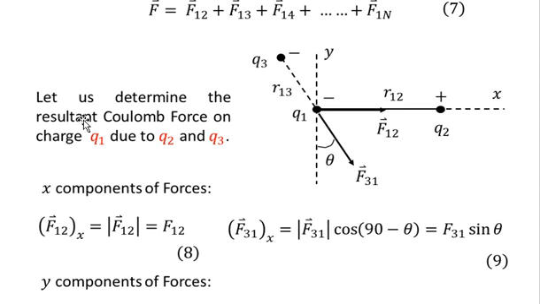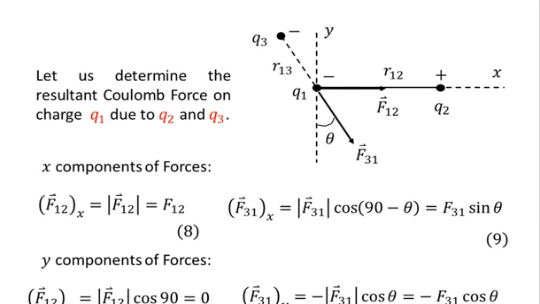So let's see what the paragraph says about this. Let us determine the resultant Coulomb force on charge Q1 due to Q2 and Q3. You know that there is a way of adding vectors. Now I have two vector forces, F12 and F31.